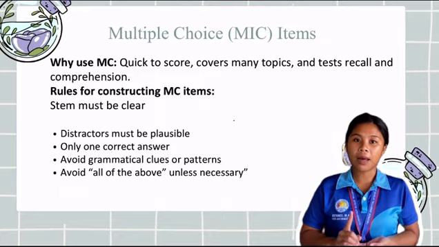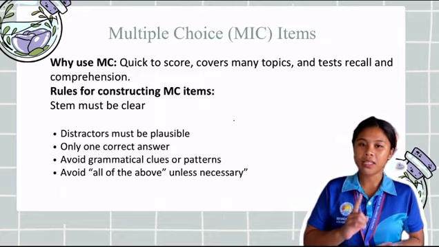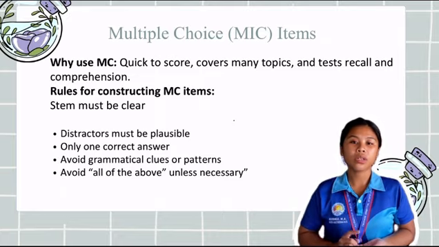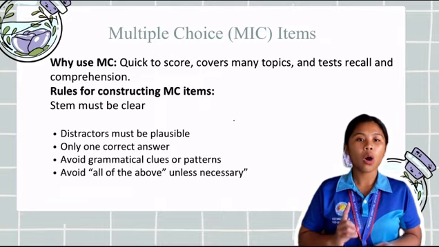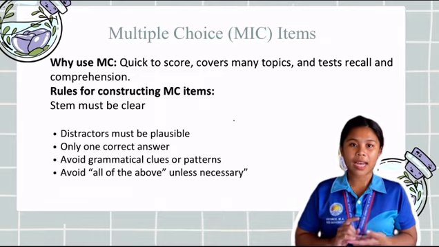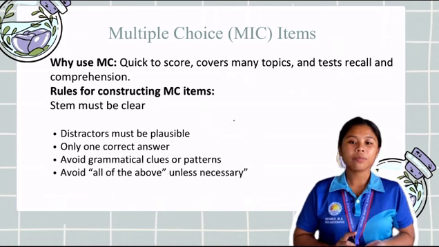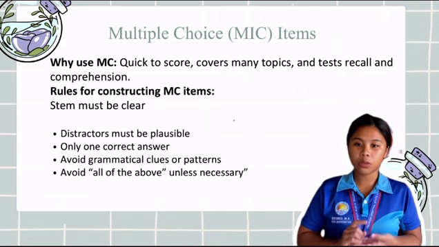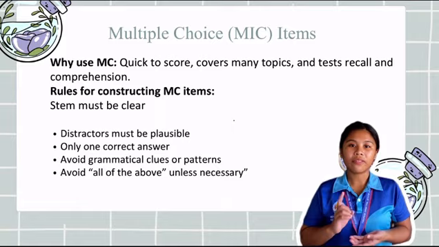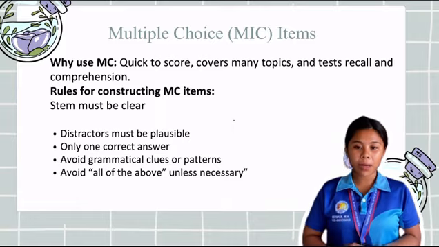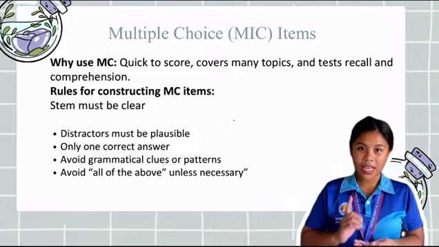First, the stem must be clear. Second, the distractors must be plausible. Third, choose only one correct answer. Fourth, avoid grammatical clues or patterns. And last one, avoid "all of the above" unless necessary.